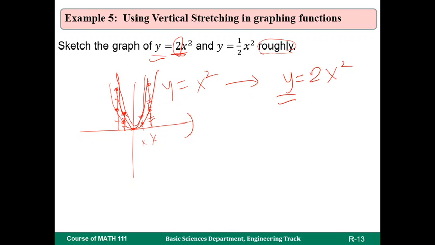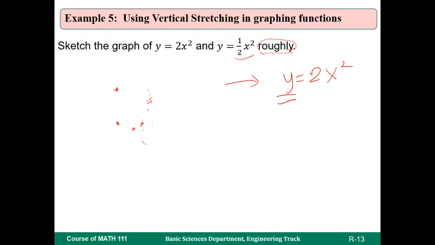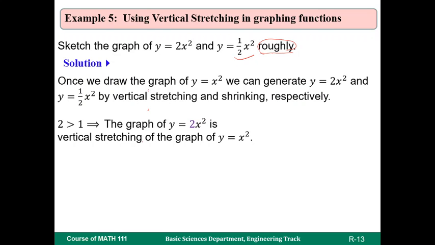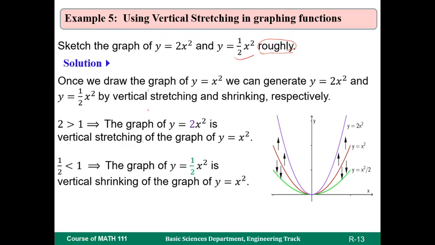And in the same way, it's 1 over 2. 1 over 2 means it will go down to half. So you will get a graph something like this. Now you can see them here. So y equals 2x squared.